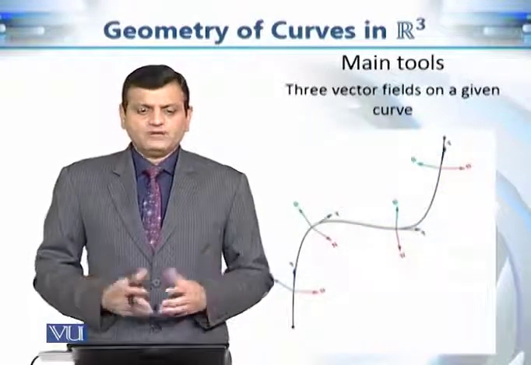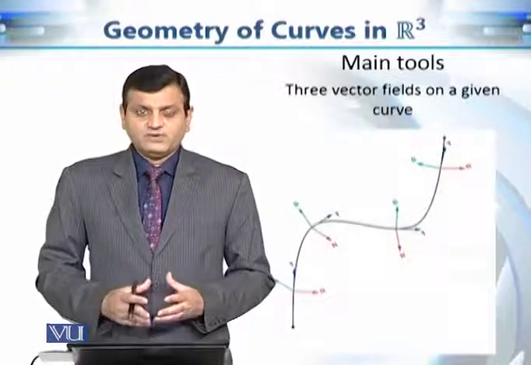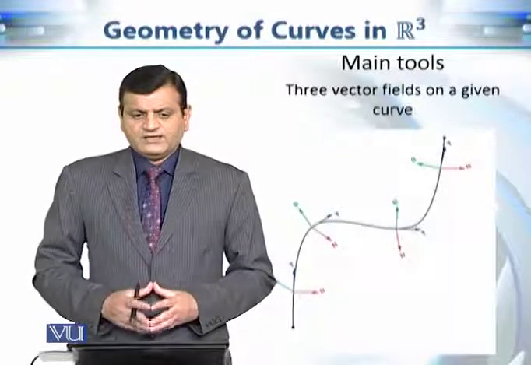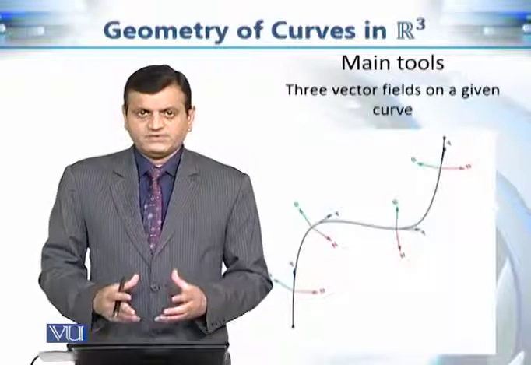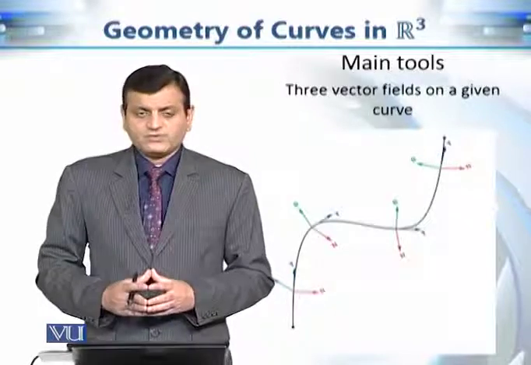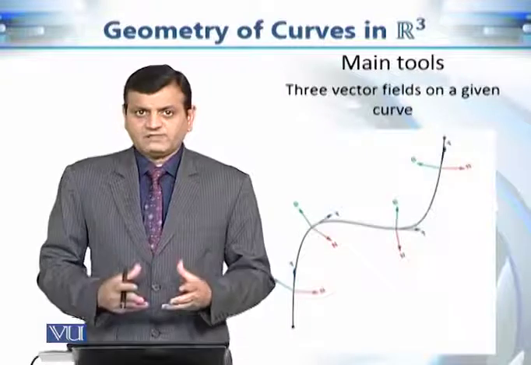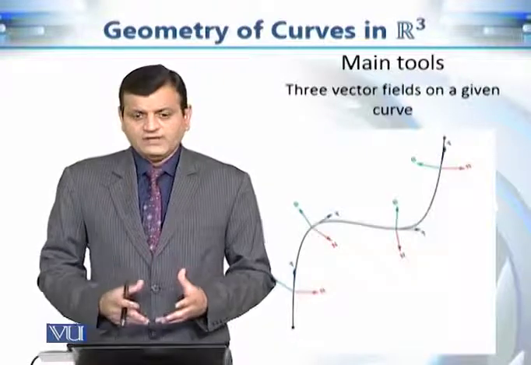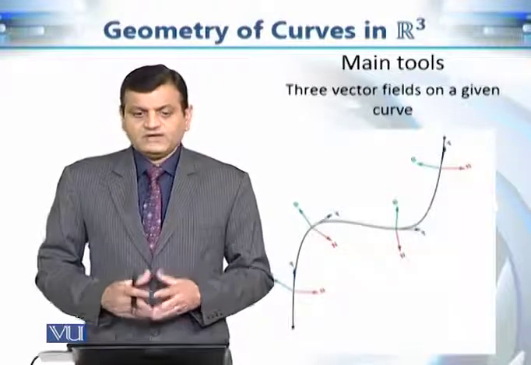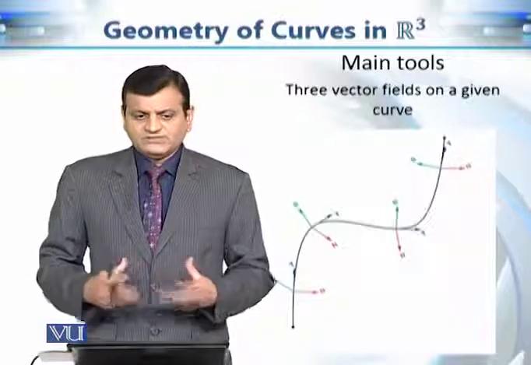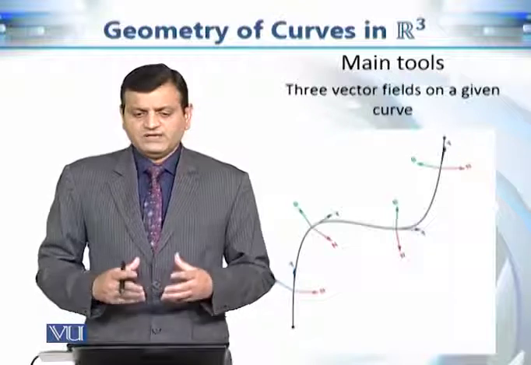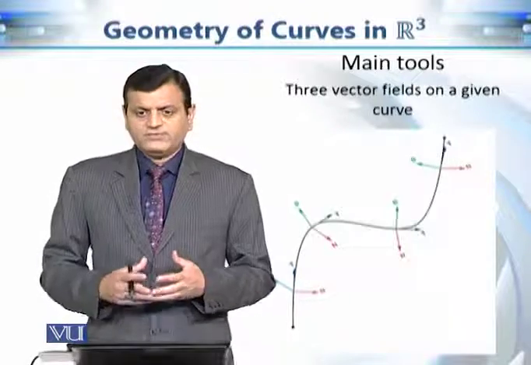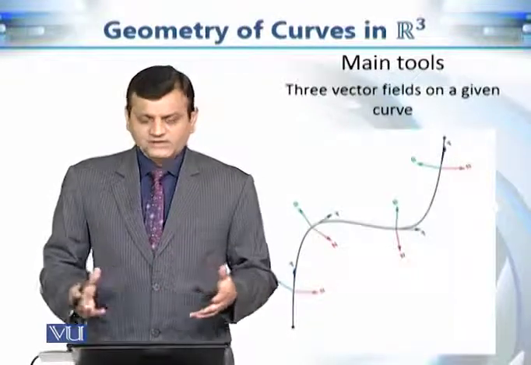Now the tools available to us are vector fields on curves, and in our first step we will define some more vector fields. In fact, we are going to define three different vector fields on any given curve, and these three vector fields are enough to classify curves. When I say classification, it means these tools are enough to differentiate any two different curves in R3.